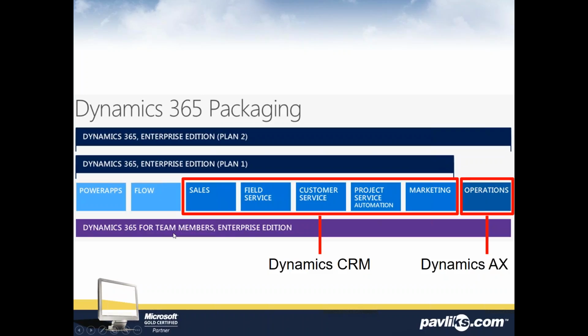But you have people that work across an entire organization and maybe have touch points in different areas, and it doesn't make sense for them to necessarily have access to just one app. They need to touch on a number of them, but maybe in a read-only fashion or in a light way. And so you can license your staff so that they have a team member license, which allows them to view data across all aspects of CRM and AX and Power Apps and such, but limits their ability to edit data.